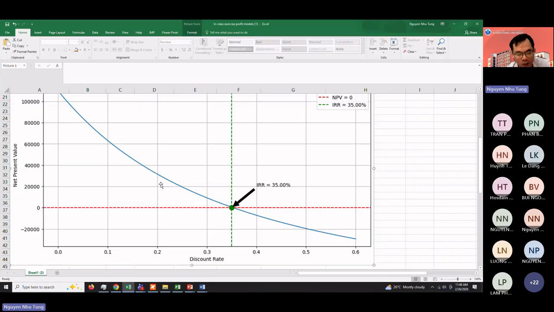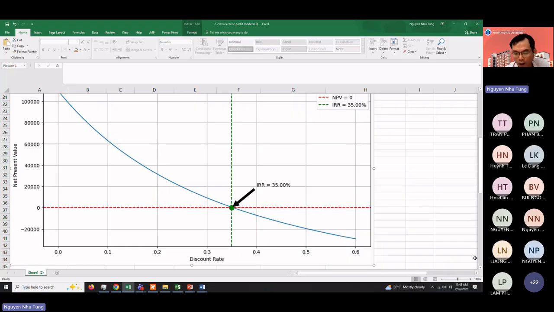If the company wants your project to return 20%, then you look at the IRR value. 35% is much better than the minimum rate of return required by the company. You can see the net present value here at 20% is positive.